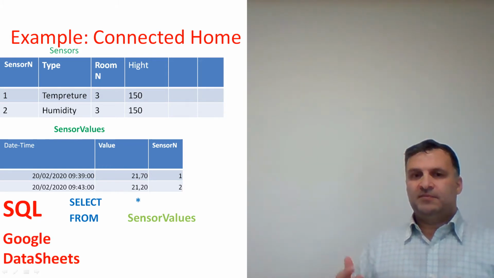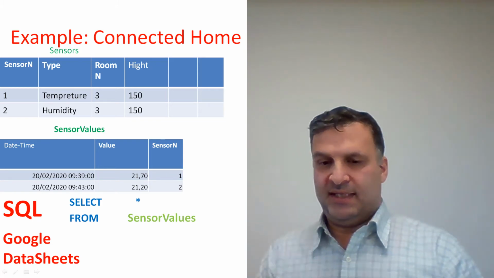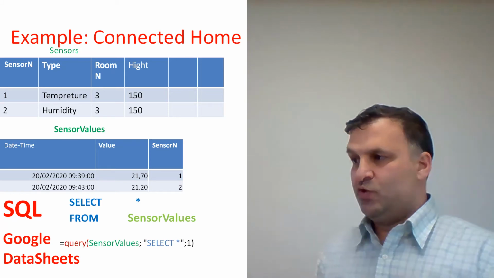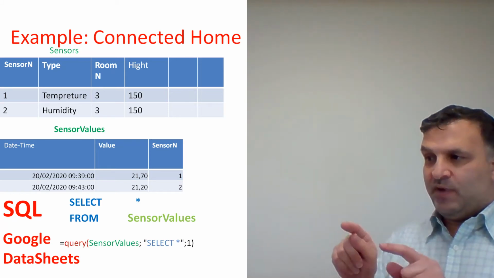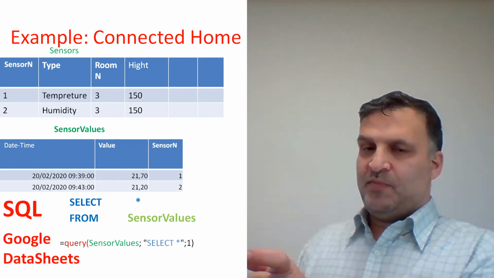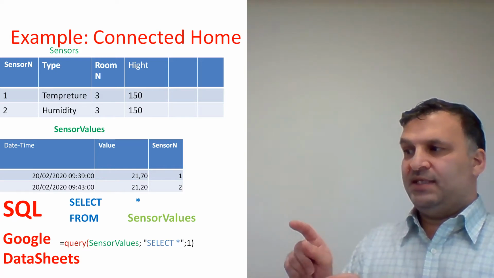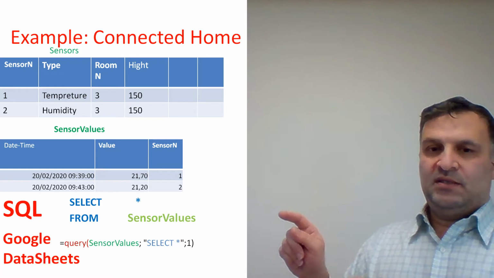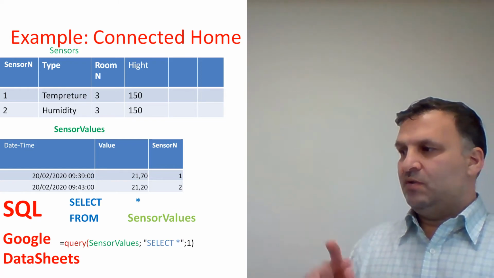We have a similar instruction in Google Data Studio. So we make a query. In a query, at first we put the name of the table. After that, we put semicolon 1.